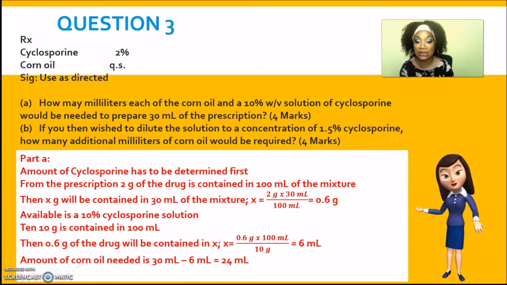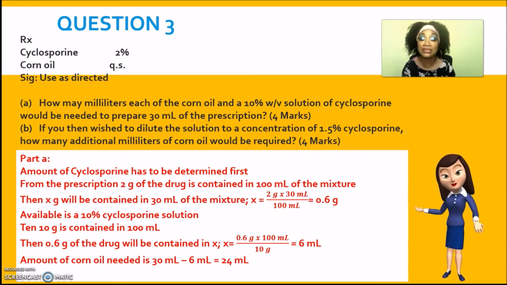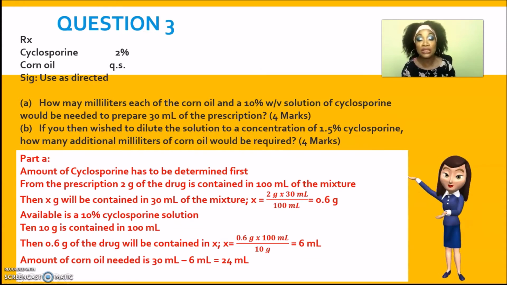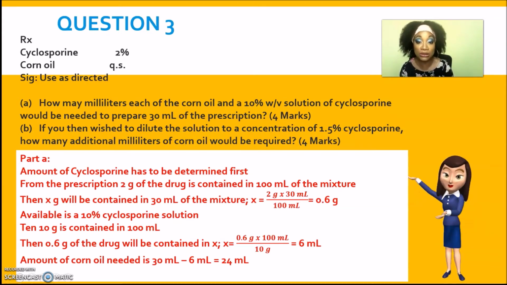So this means that if 2 grams of cyclosporine will be in 100 ml of the mixture you're trying to make, 30 ml of the mixture you're trying to make will contain X, and X is going to be 0.6 grams. So it means in order for you to make 30 ml of cyclosporine mixture that will have a concentration of 2%, you will need 0.6 grams.